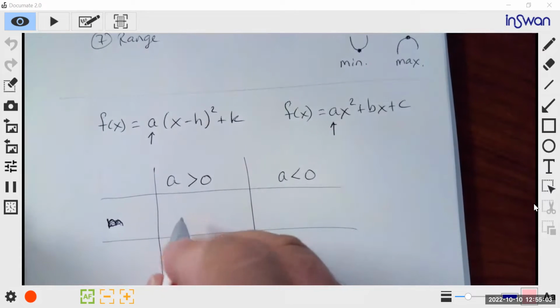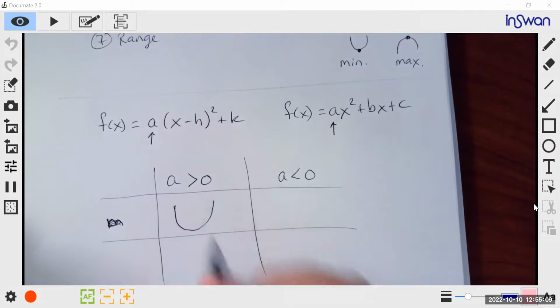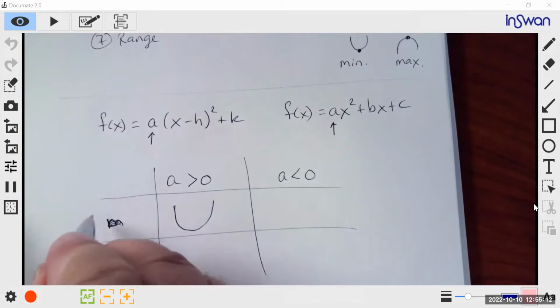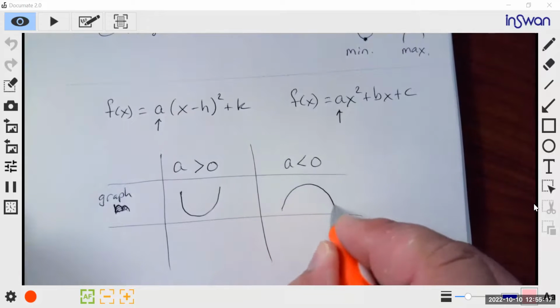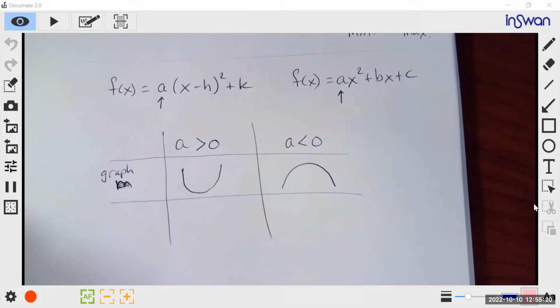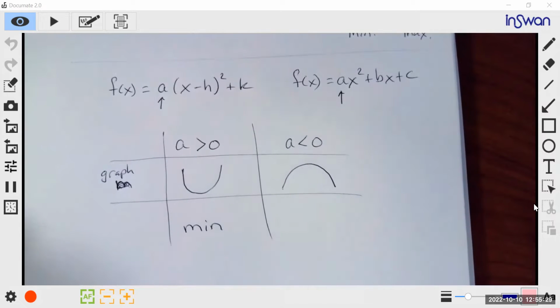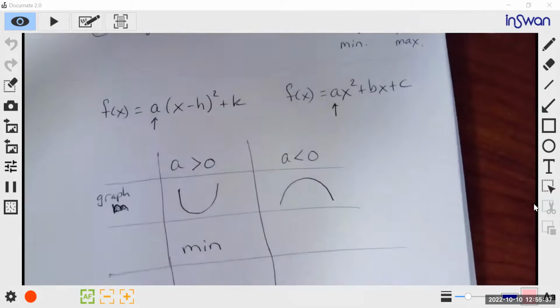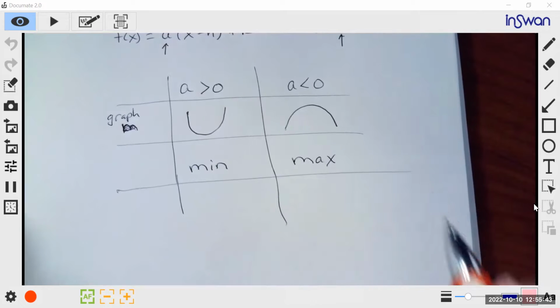If A is positive, the graph looks like this. If A is negative, it looks like this. If A is positive, then we have a minimum point. If A is negative, we have a maximum point.